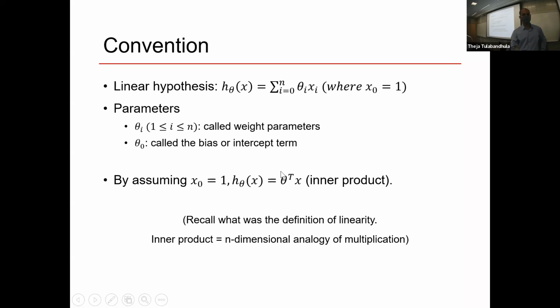So this should now be familiar to you, in the sense that it's in matrix notation. Now theta is a vector, right? It's a column vector with n plus 1 coordinates. You take a transpose, so now it's a row vector, or basically you can also think of it as a matrix with only one row and n plus 1 columns.